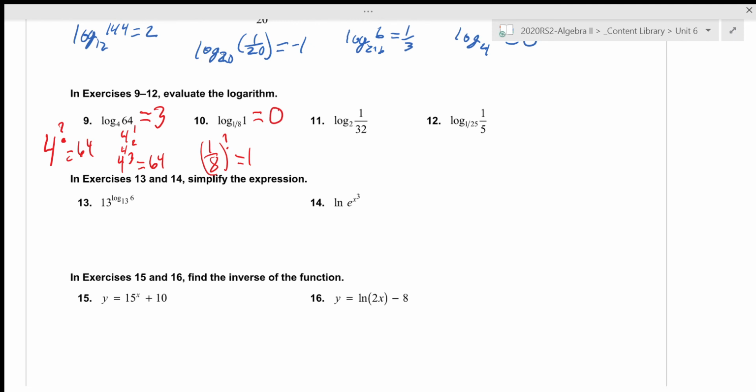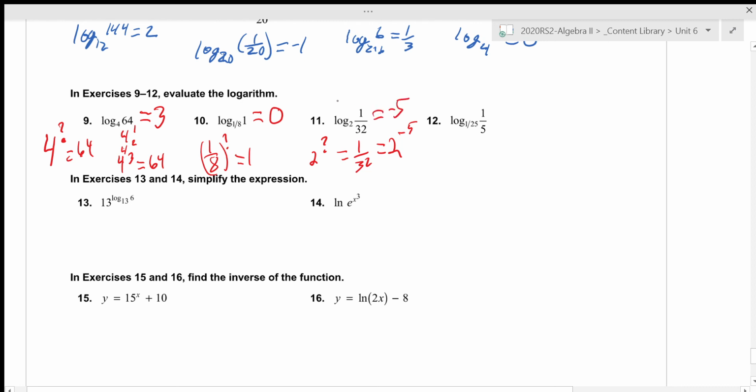All right, I think 9 and 10 are problems that you may be able to do on your own without the help of a calculator. I think 11 is probably pushing it, because again we're asking 2 to what power is 1 over 32. That's probably hard for you guys to recognize that that's 2 to the negative 5th power.